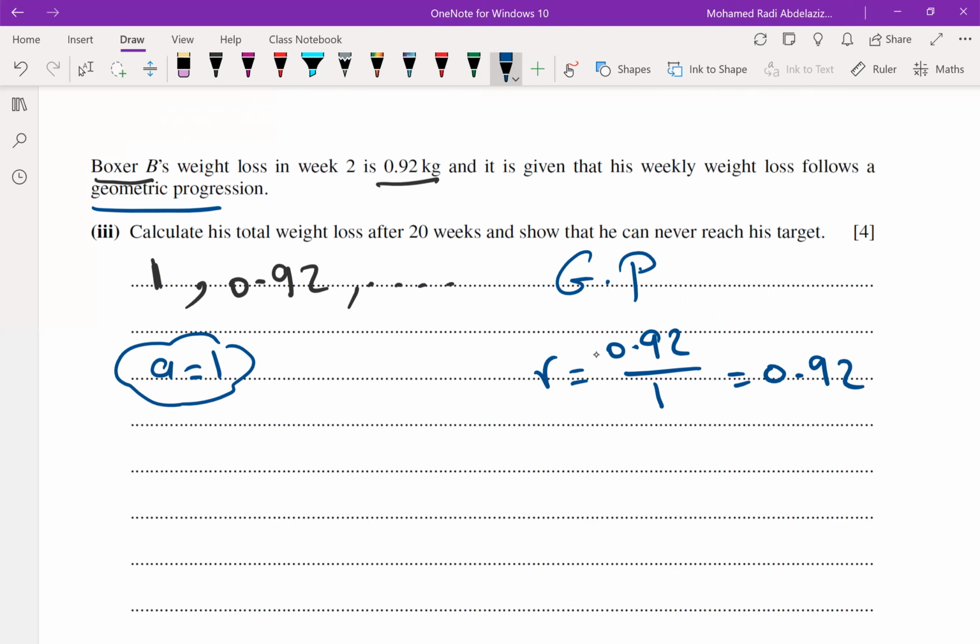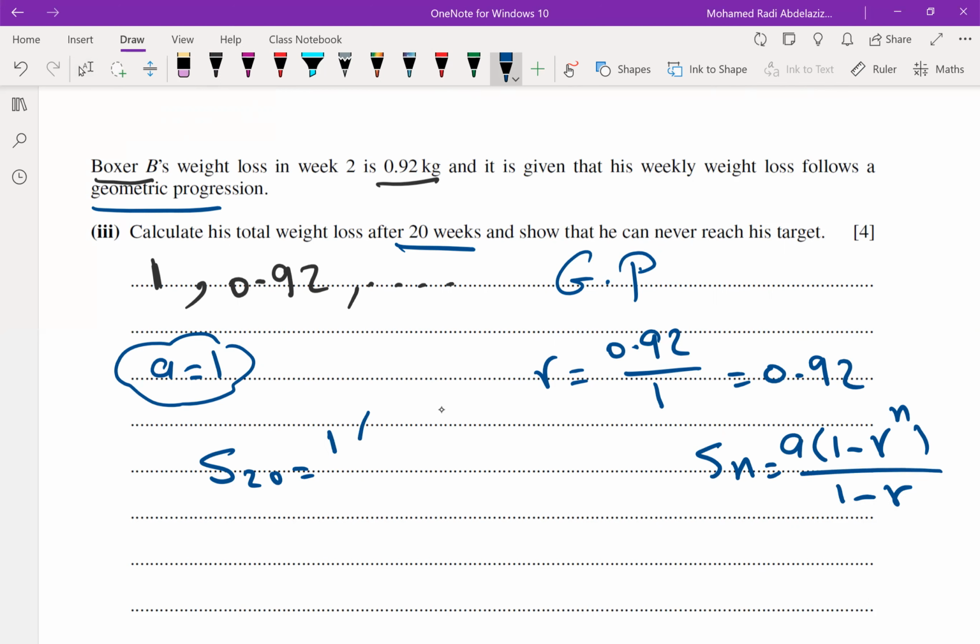Now, for the geometric progression, calculate his total weight loss after 20 weeks. So I will get S of 20. For Sn is equal to a times 1 minus r to the power of n, divided by 1 minus r. a is 1. 1 minus 0.92 all to the power of 20, divided by 1 minus 0.92.